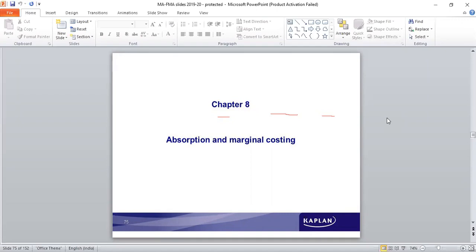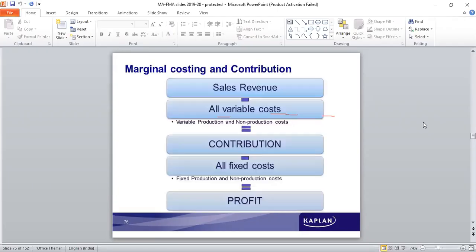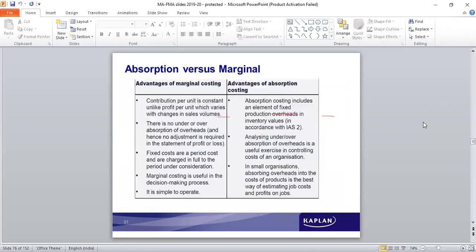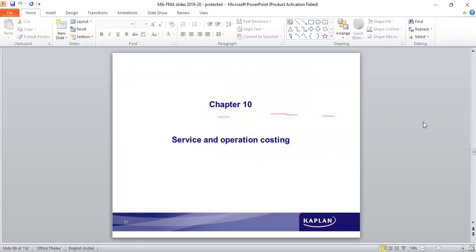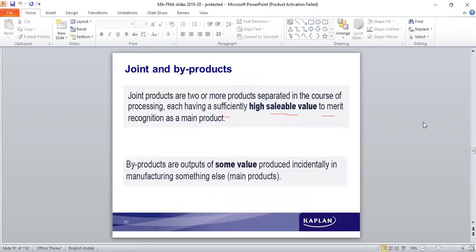After that, we have methods of costing. In our syllabus, the first is absorption and marginal costing, which we will look into. Then job order costing. Then process costing.